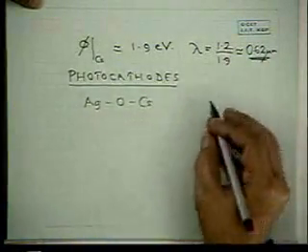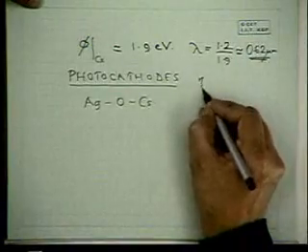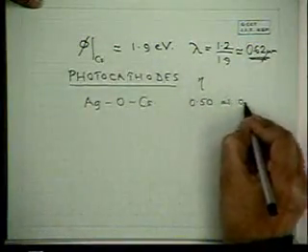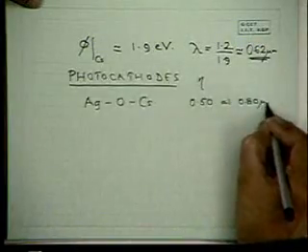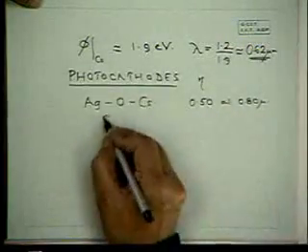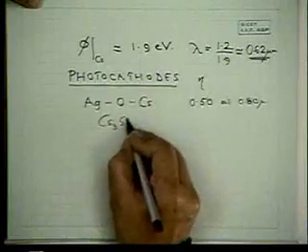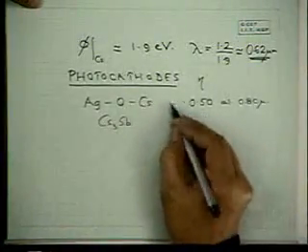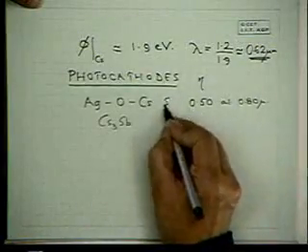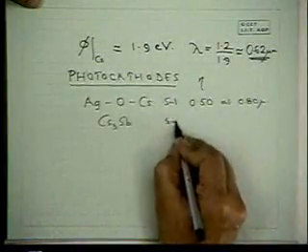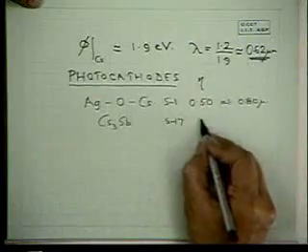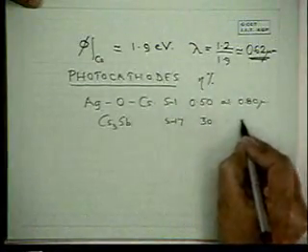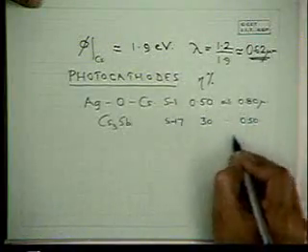And these had efficiencies of about 0.50 at 0.8 microns. Cesium is important because of this low work function, alkali metal. This is called an S1 type of photocathode. This is the S17 cathode, with an efficiency of about 30% at 0.50 microns.